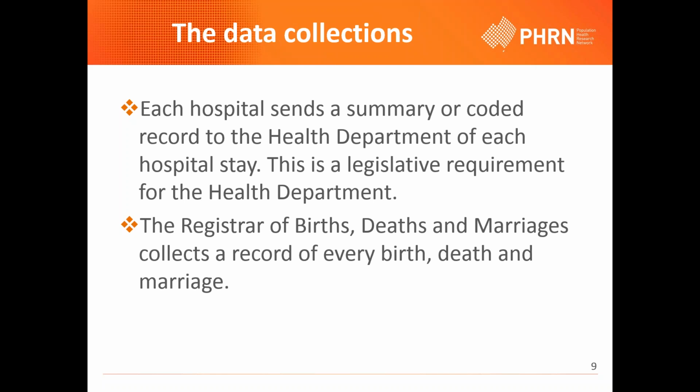The second collection is the registry of births, deaths and marriages, which is also a legislative requirement of government, and the registrars hold a record of every birth, death and marriage in their jurisdiction. So two data collections, two different data custodians.